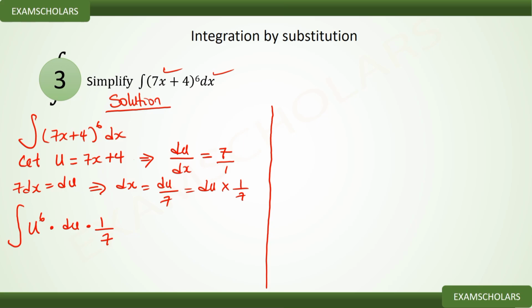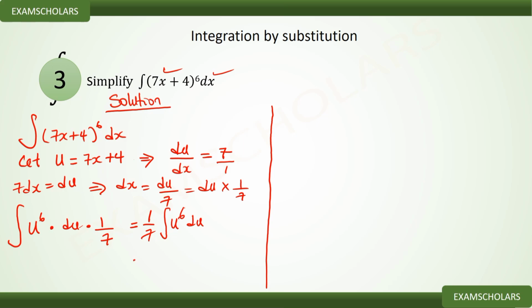If you are integrating c, what must follow it? dc. If you are integrating u, what must be here? du. So we have our du here, so we can integrate. Now everything that is not u becomes a constant and can move out. So this is 1 over 7 times the integral of u raised to power 6 du.